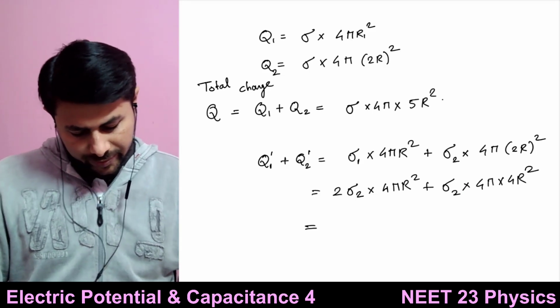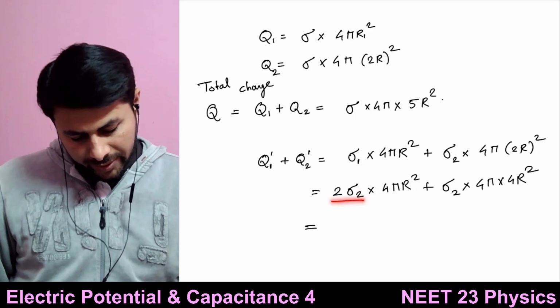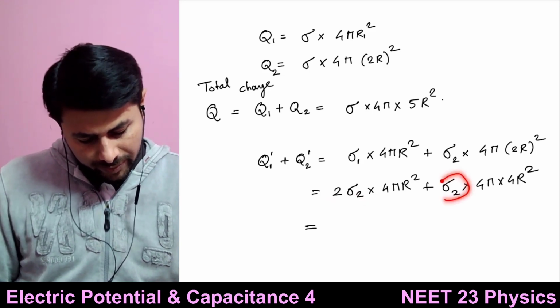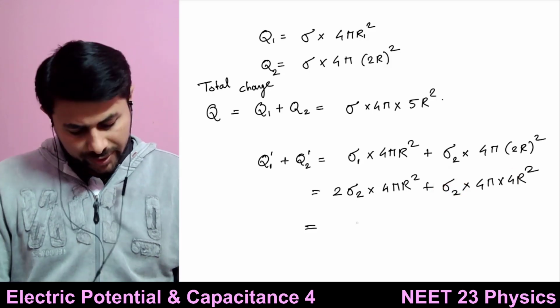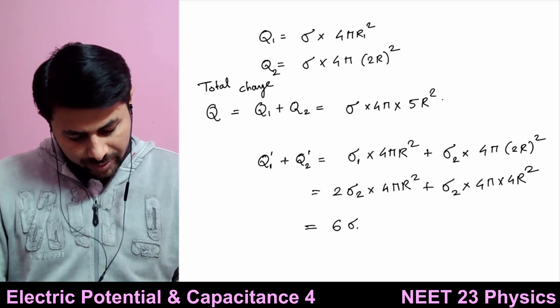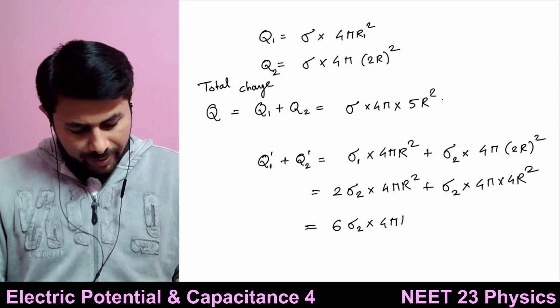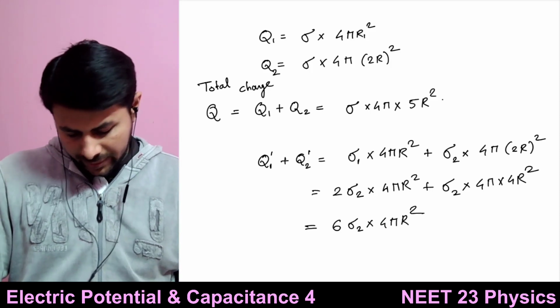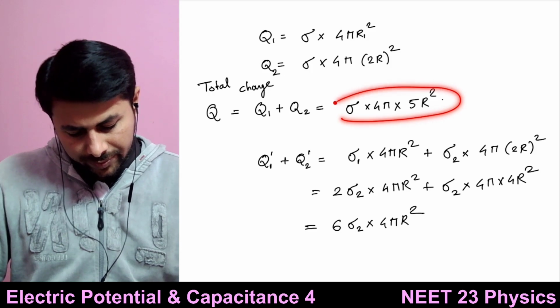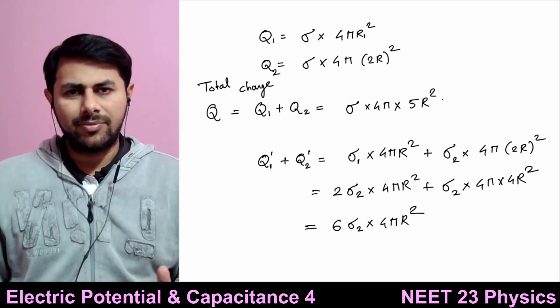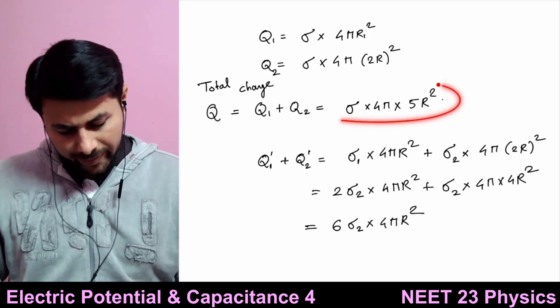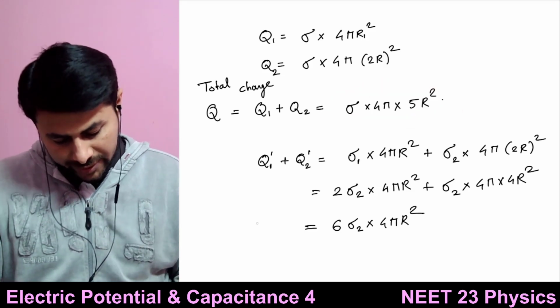So this will give us 2 times of sigma 2 plus 4 times of sigma 2, right? So it gives us 6 times of sigma 2 multiplied by 4 pi r square, and that is equal to the total charge. Total charge will remain constant.